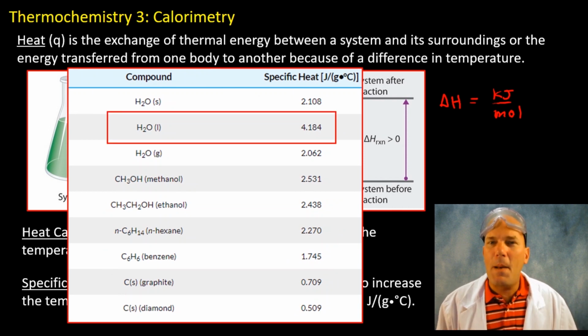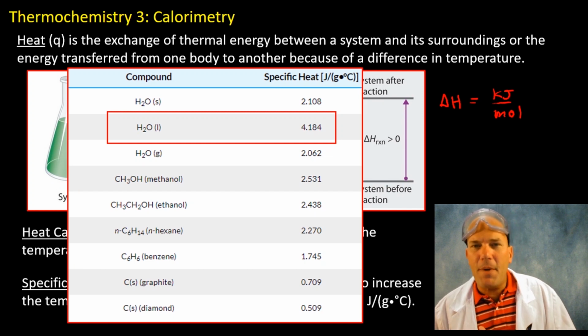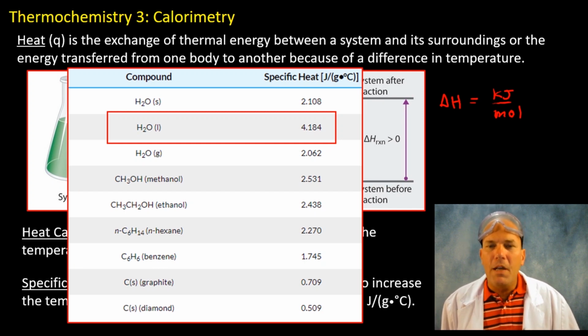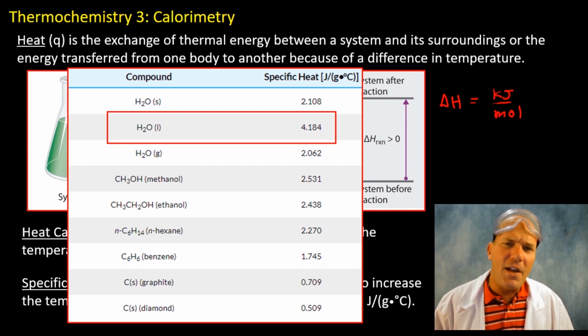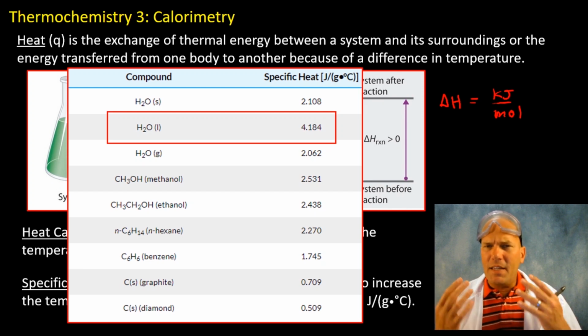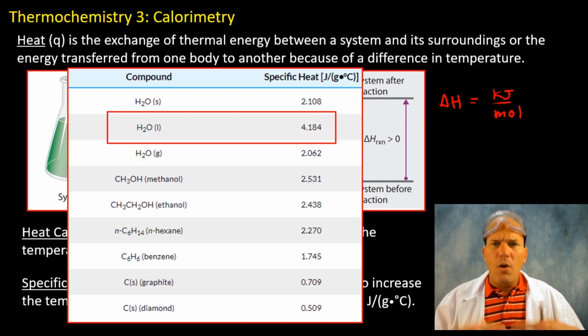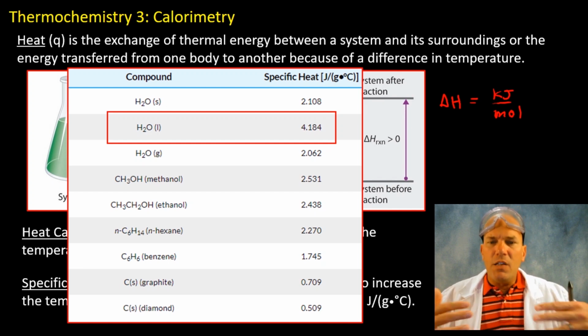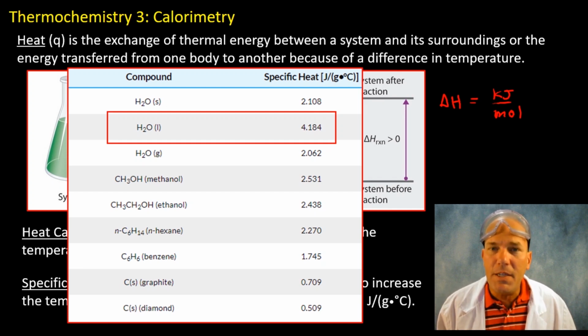Let's look at some compounds here and really look at the specific heat capacity of liquid water and compare these values and think about what they indicate. Again, it is the amount of energy in joules to raise 1 gram of the substance 1 degree Celsius. Look how high liquid water is on this scale, relatively speaking.